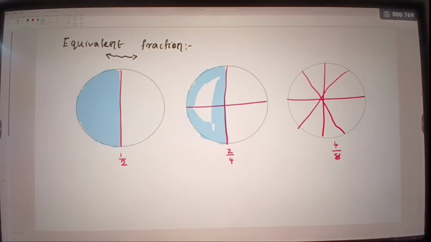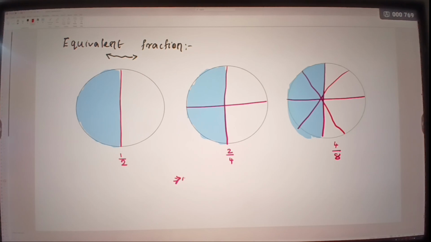Now shade 4/8 of the circle. When you look at all the shaded regions, you can see that they are the same. All the fractions, half, 2/4 and 4/8, have the same region shaded.